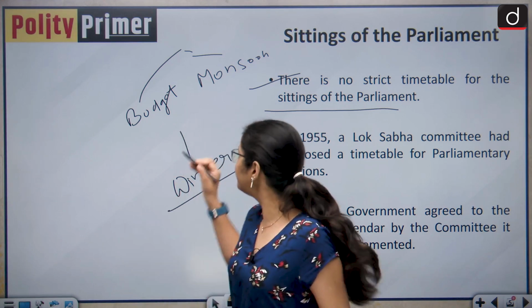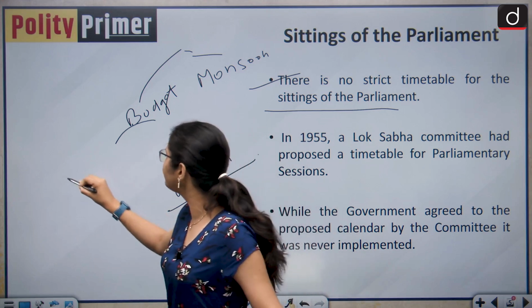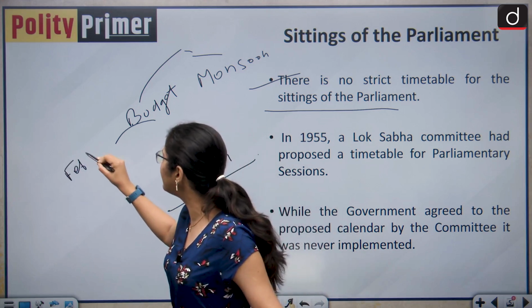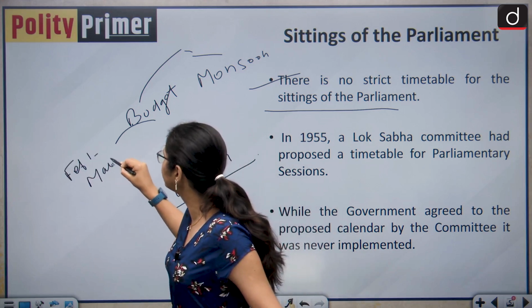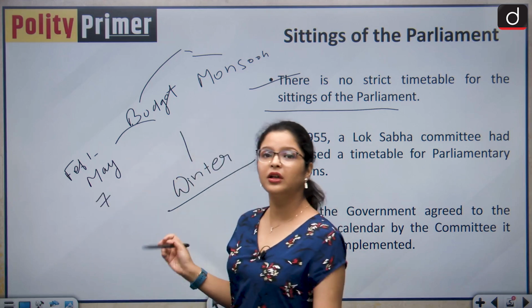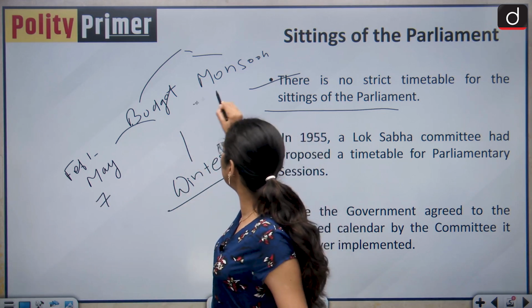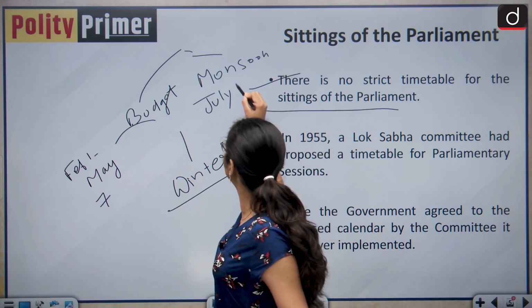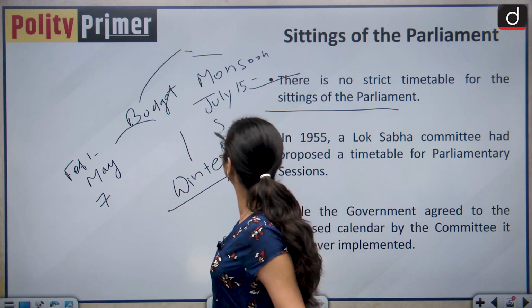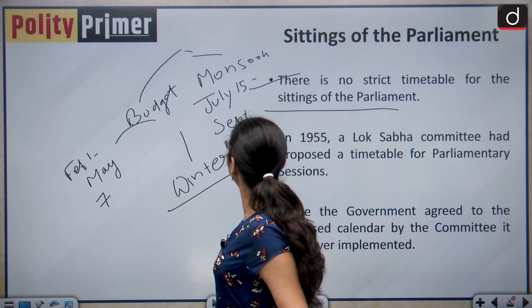For example, for the budget session, it suggested that it should be conducted from Feb 1 to May 7. For the monsoon session, it said that it could be conducted from July 15 to September 15.